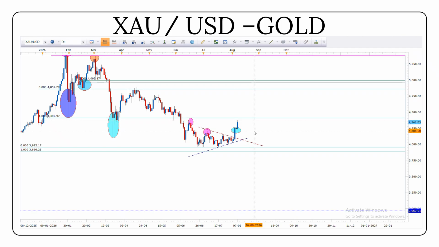But if it manages to break below this demand zone, then there's another very good area for the bulls to get into a long, and that is the area between 4010 and 4069.